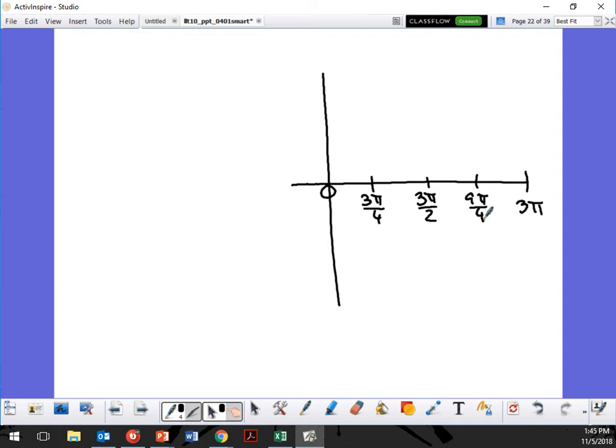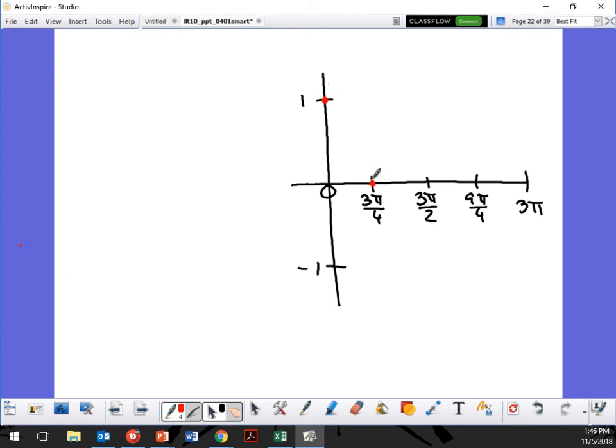So, let's take a look at amplitude. What's my amplitude? So it goes up to 1 and down to -1. All right, so at 0, what was my value? 1. So I'm going to put a dot at 1. At 3π/4, it was 0.